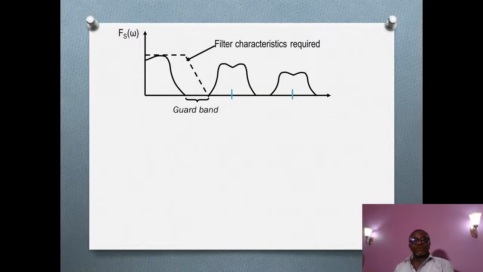When that gap exists, we call it the guard band. Now you can see how that filter, the dotted line, spreads down, but even though it spreads down, it does not cut into the signal on the right of it.